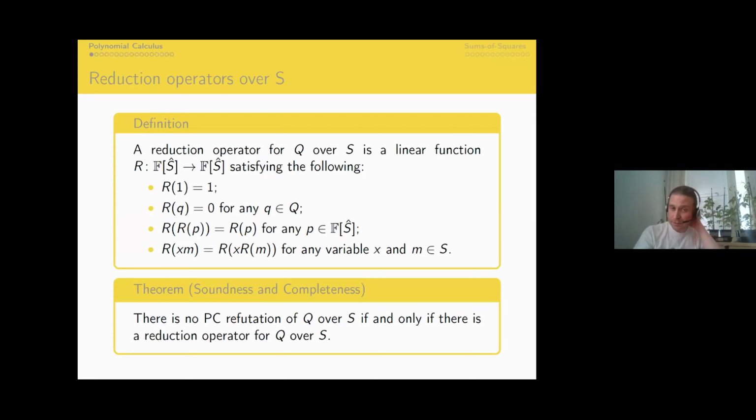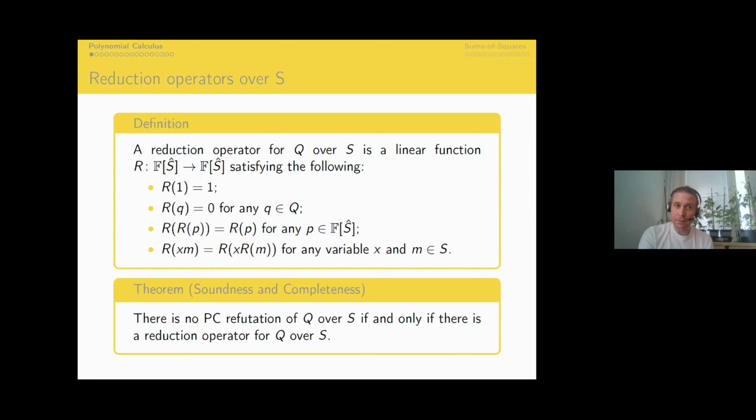So just a reminder, what we call a reduction operator is a linear function satisfying these four properties. And I claim that there's a soundness and completeness theorem for such objects.